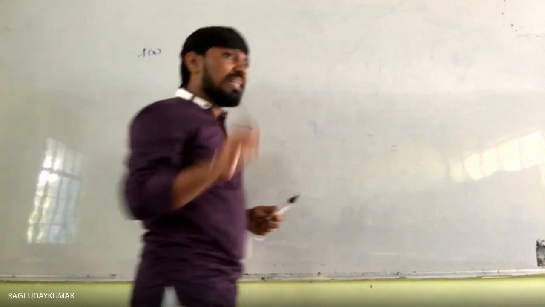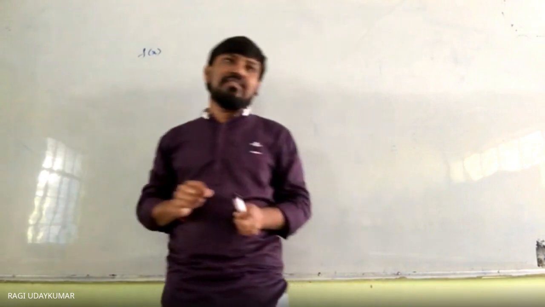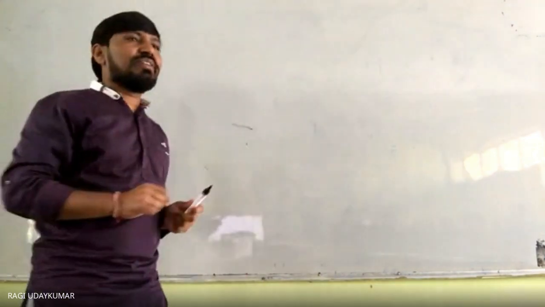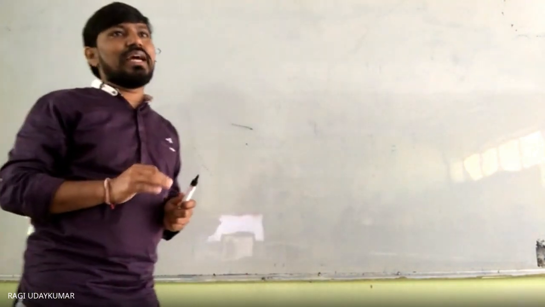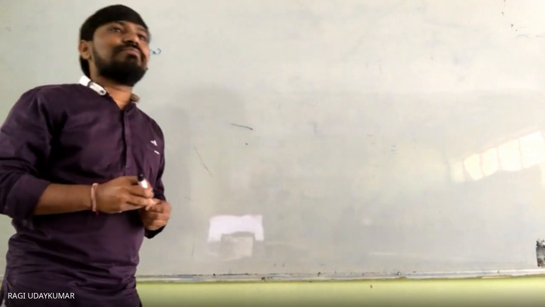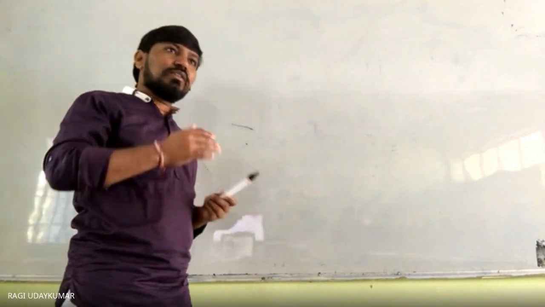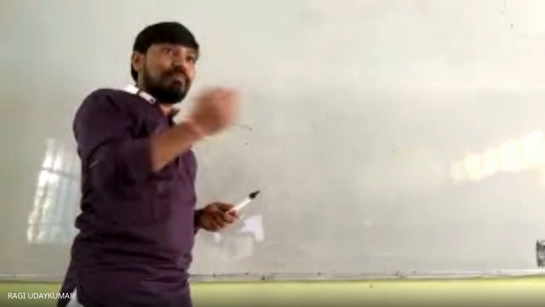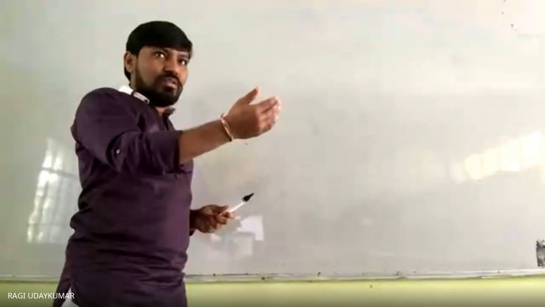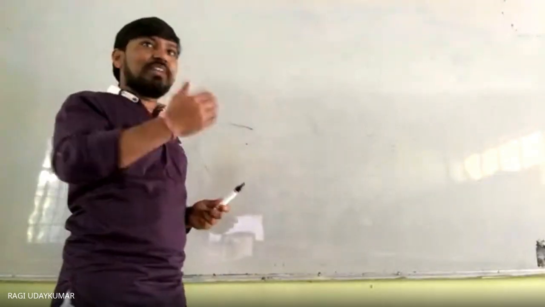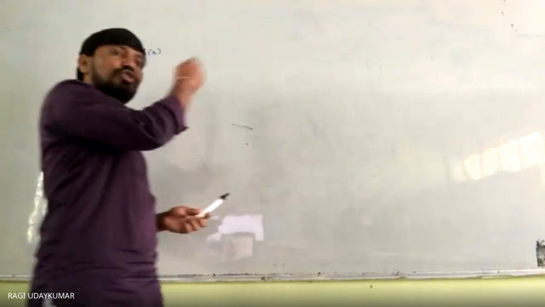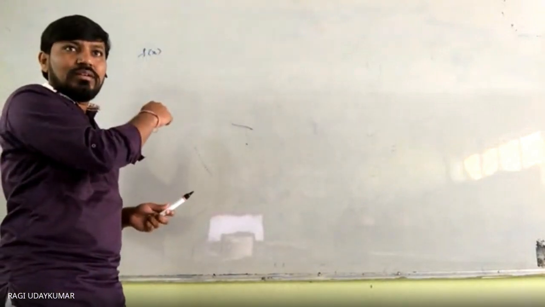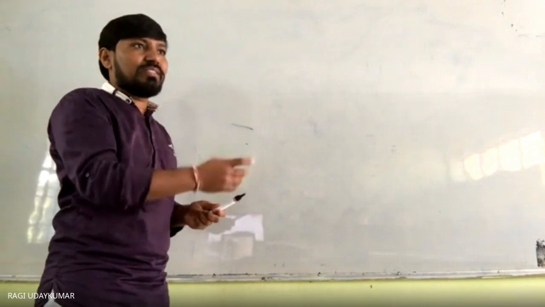So what is the difference between a real valued function and a real function? A real valued function is one where the range value, the function value, should be a real number. Whatever x value you substitute in the function, you need to get a real number, not a complex number.